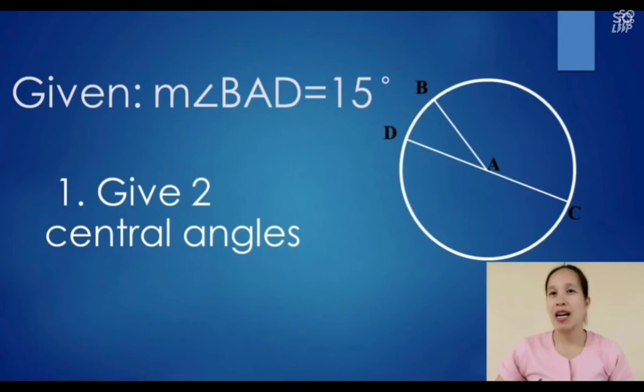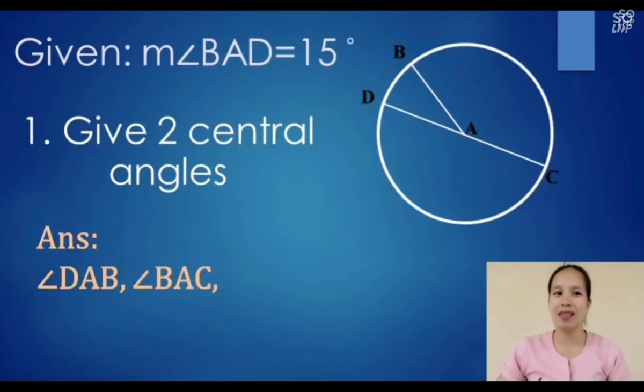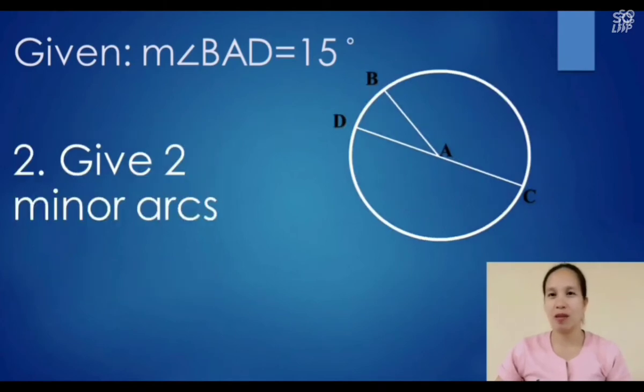Given figure is a circle A with a measure of angle BAD, which is 15 degrees. Number 1 question. Give 2 central angles. Correct. Our 2 central angles are angle BAD and angle BAC. Number 2. Give 2 minor arcs.